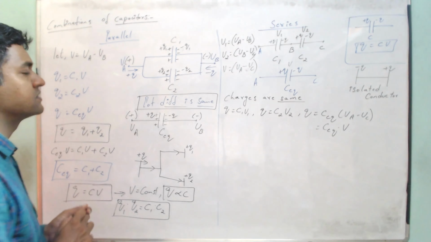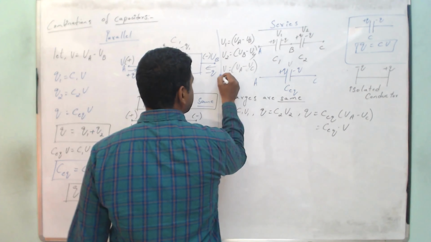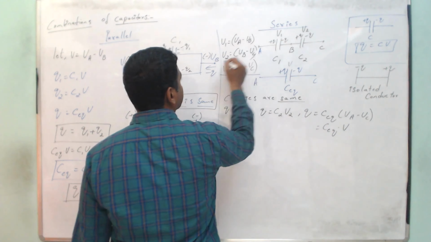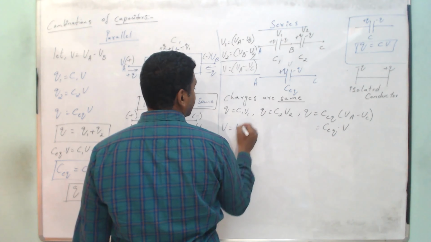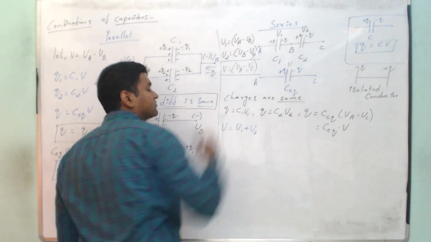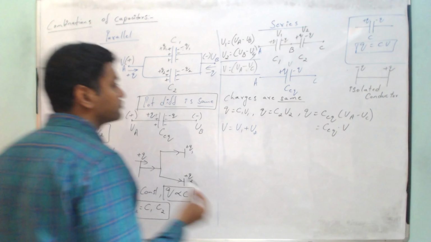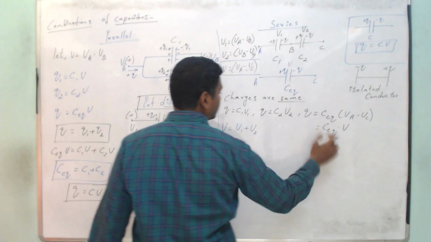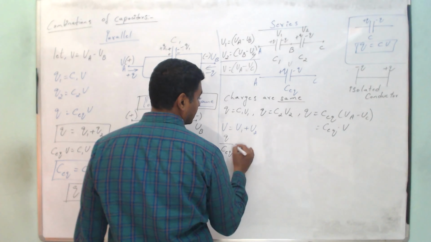Here, what is the equation that I can identify using these three basically? What I can identify is I can get V as V1 plus V2. When I add these two, minus VB plus VB will cancel. So V is equal to V1 plus V2. Now substitute. What is V? Q by C equivalent. Correct? Yes, sir.